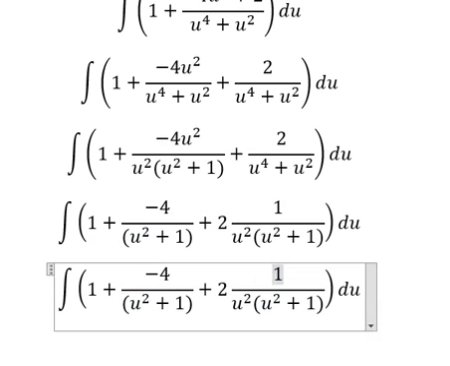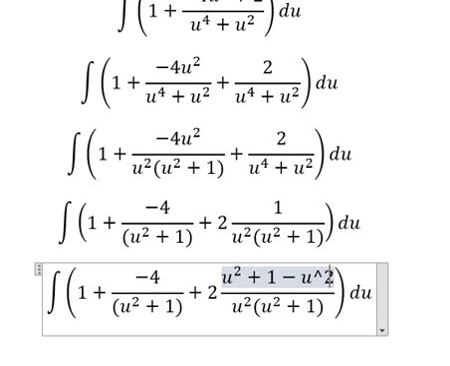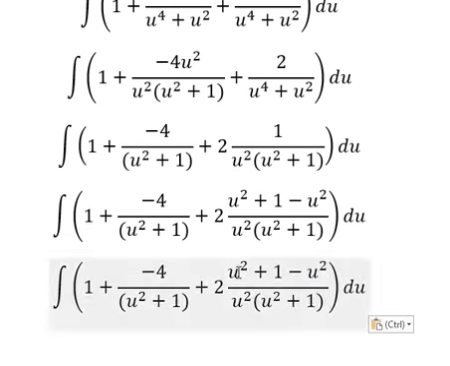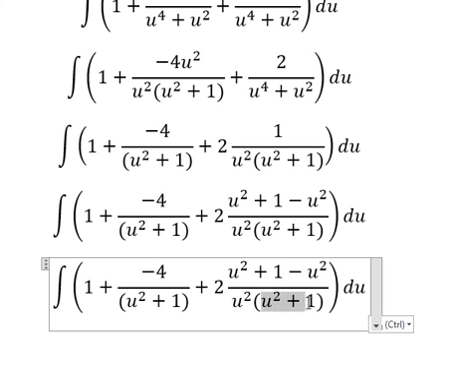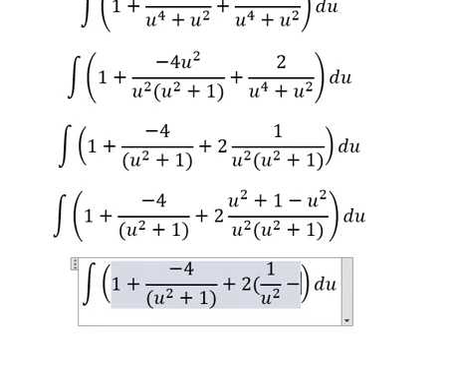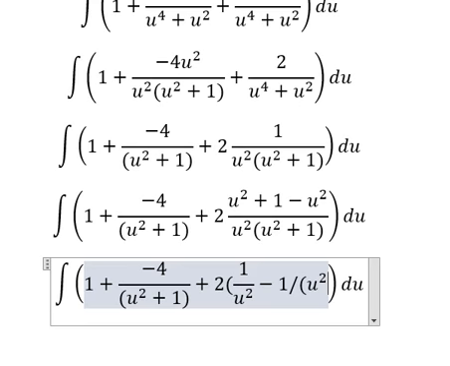So we need to add u squared. After that we need to subtract u squared. So this one divided by this one, we have number 1. U squared divided by u squared, we have number 1. And now we have 1 over u squared minus 1 over u squared plus 1.